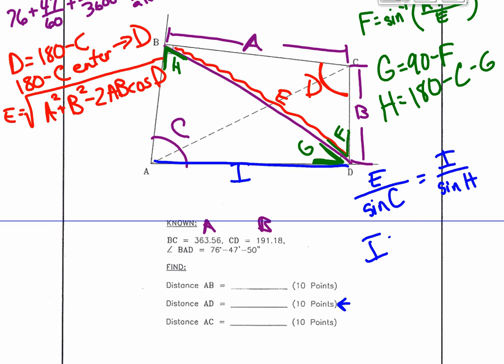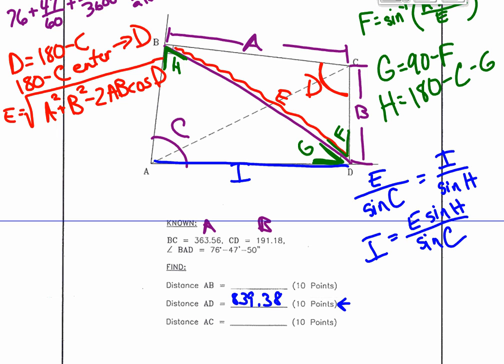I is going to equal E sine H over sine C. And that's a length that I need. And I don't have any of the answers actually written on here, but that should be 839.38 when you get that far.